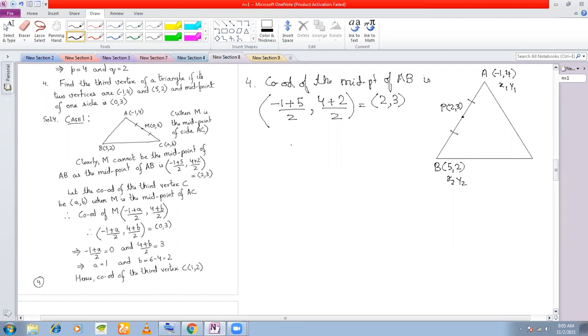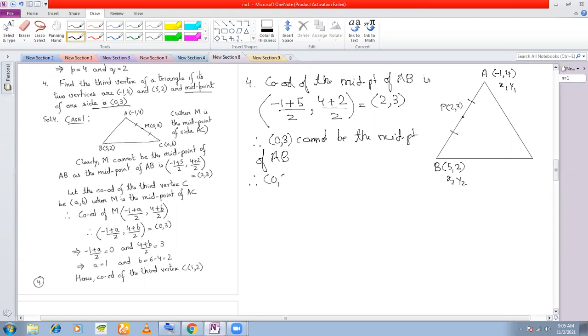Right? So now here the midpoint of one side is given. That means obviously 0, 3 cannot be the midpoint of AB. That means what are the possibilities?